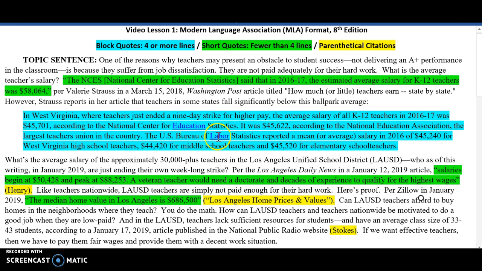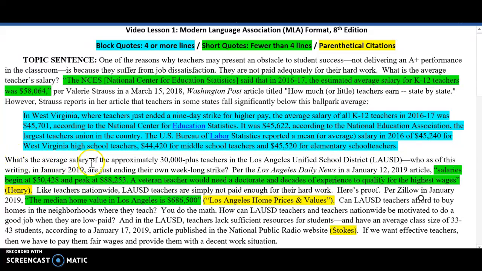The U.S. Bureau of Labor Statistics reported a mean or average salary in 2016 of $45,240 for West Virginia high school teachers, $44,420 for middle school teachers, and $45,520 for elementary school teachers.